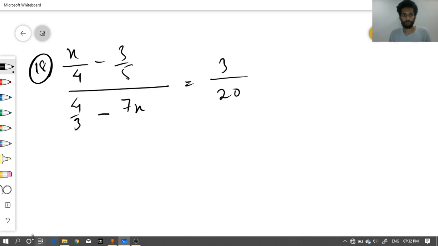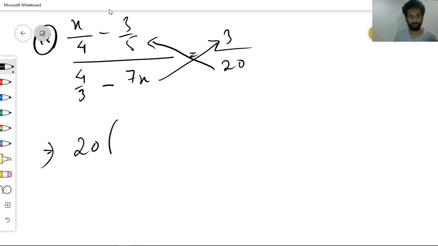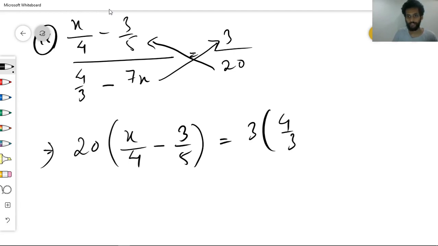So first of all we have to use this formula. There is a fraction, this is a fraction, and this is another fraction. There is an equal sign, so this part will be going here, this part will be going here. So it will be 20 (x by 4 minus 3 by 5), and this one will be 3 (4 by 3 minus 7x).